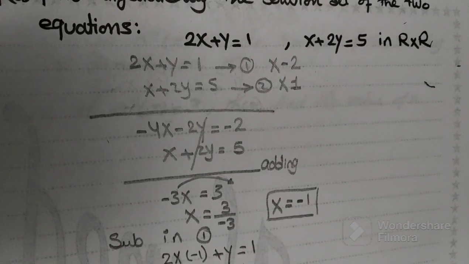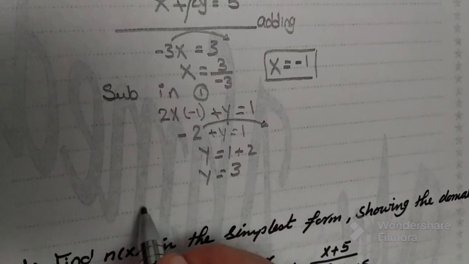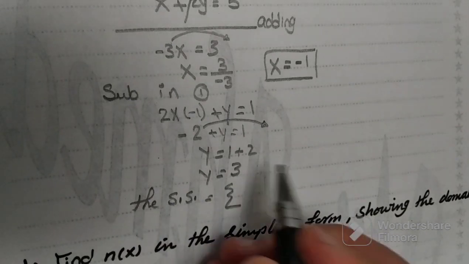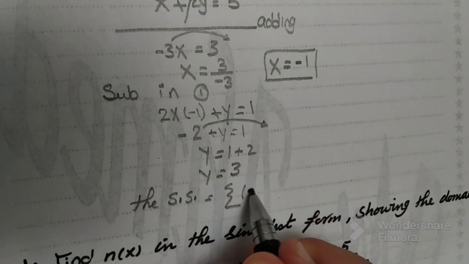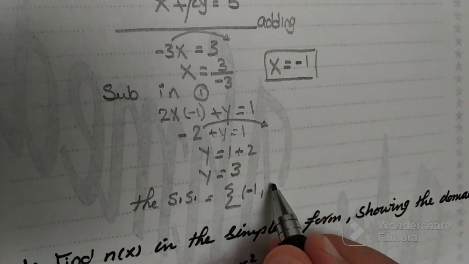We put -2 on the other side with changing the sign. y equals 1 plus 2, y equals 3. The solution set: when x equals -1, y equals 3.